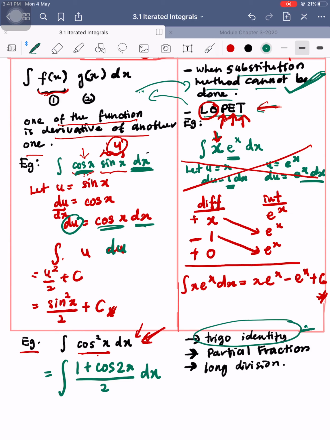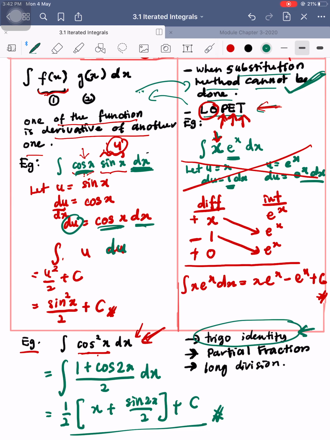It's just the identity, to change the form first. Then you can solve it directly, or by the two methods, substitution or by parts. From this one, we can directly integrate. So 1 over 2 I take out. Integrate 1, you get x, plus integrate cos 2x, you get sine 2x over 2. So the answer is this one plus c.